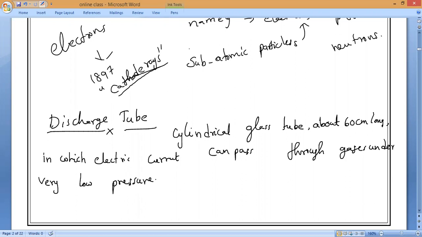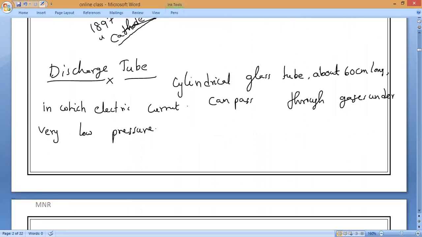Clear, everybody? Is there any doubt? Yes, now if you notice it, that is what a discharge tube is.